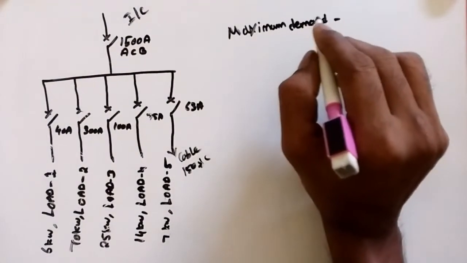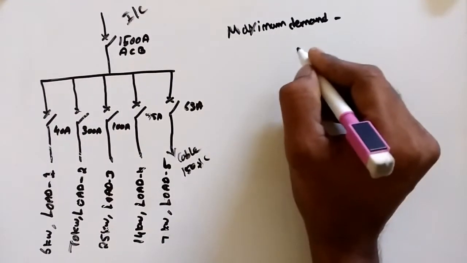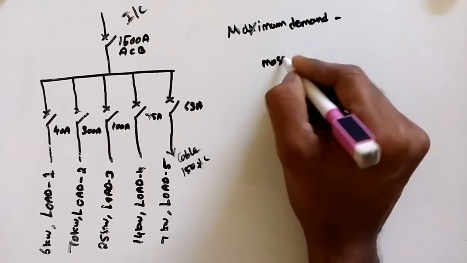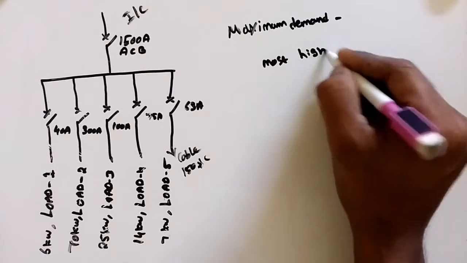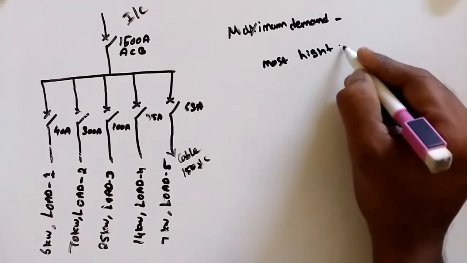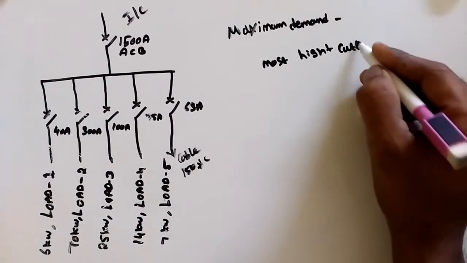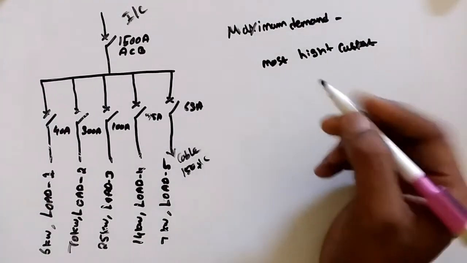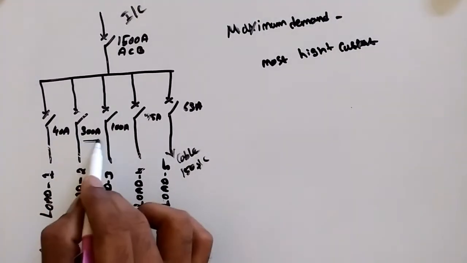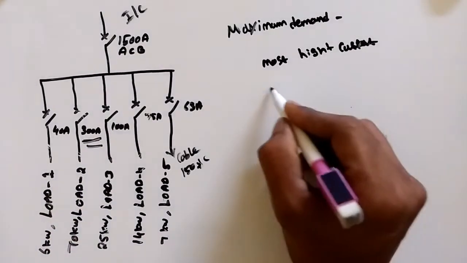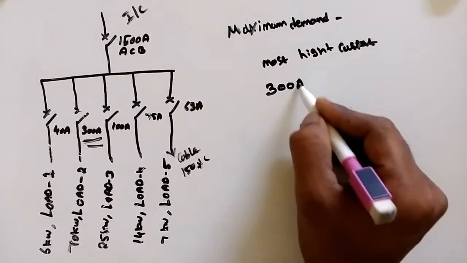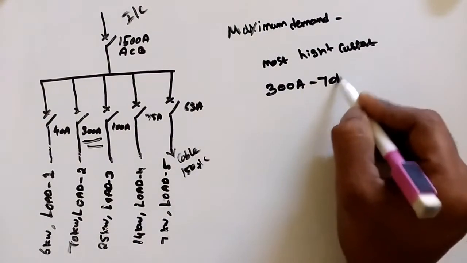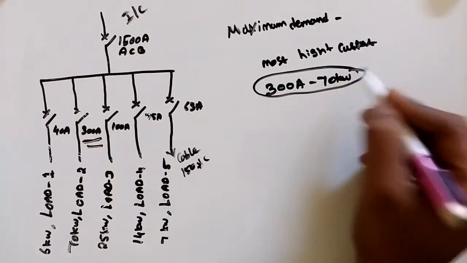Maximum demand is the highest current carried by the circuit. In this circuit, 300 ampere is the maximum demand, and 300 ampere has a 70 kilowatt load. So this one is the maximum demand of the circuit.